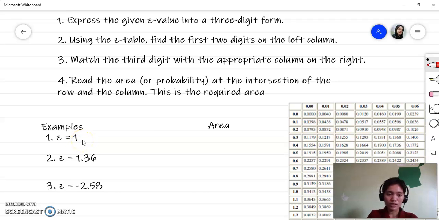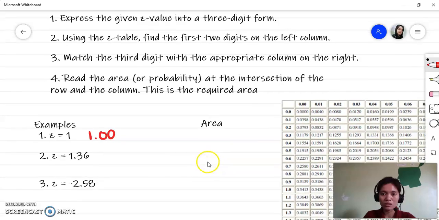For z equals 1, its 3-digit form is 1.00. You add 2 zeros, so that makes it 3 digits. Step 2, using the z-table, find the first 2 digits on the left column. The first 2 digits are 1 and 0, so you need to look for these digits on the left column.